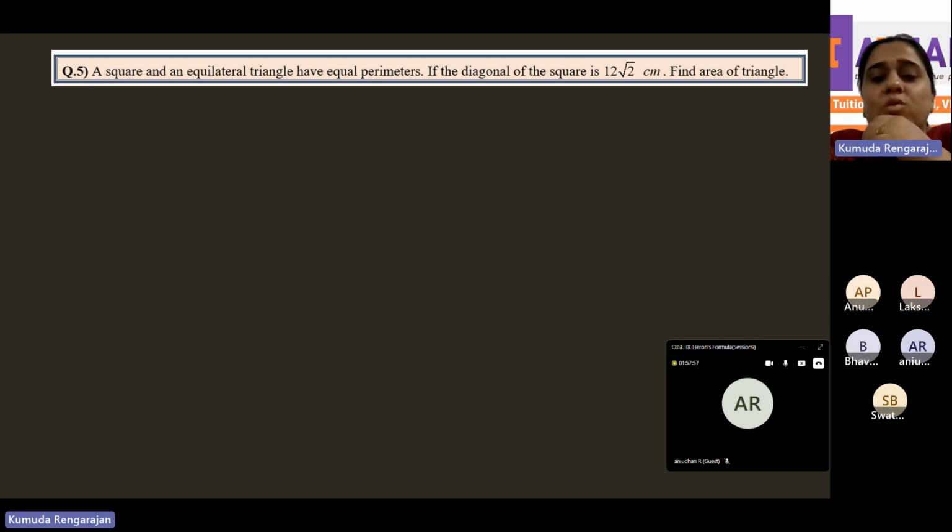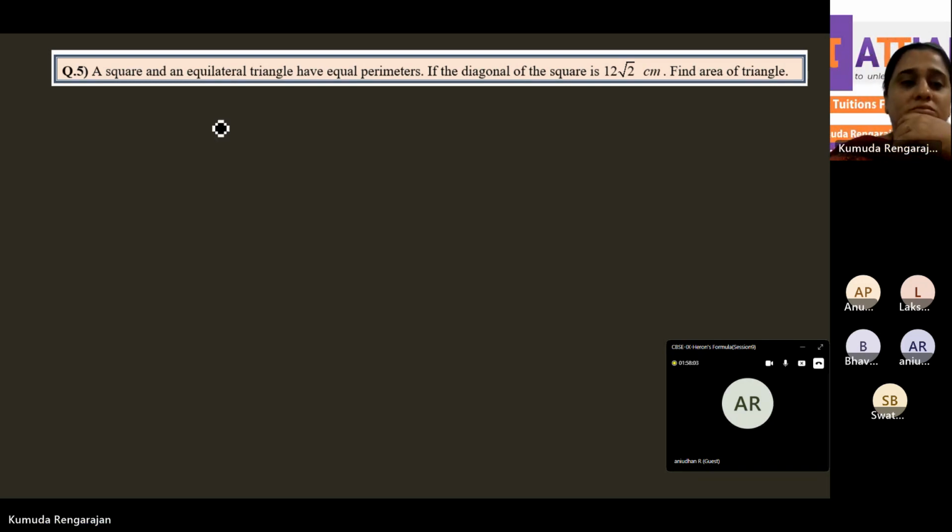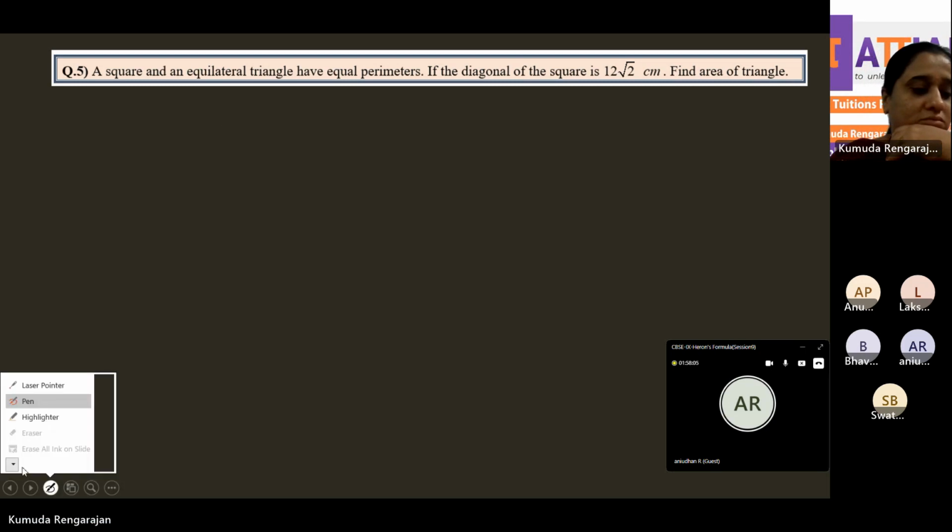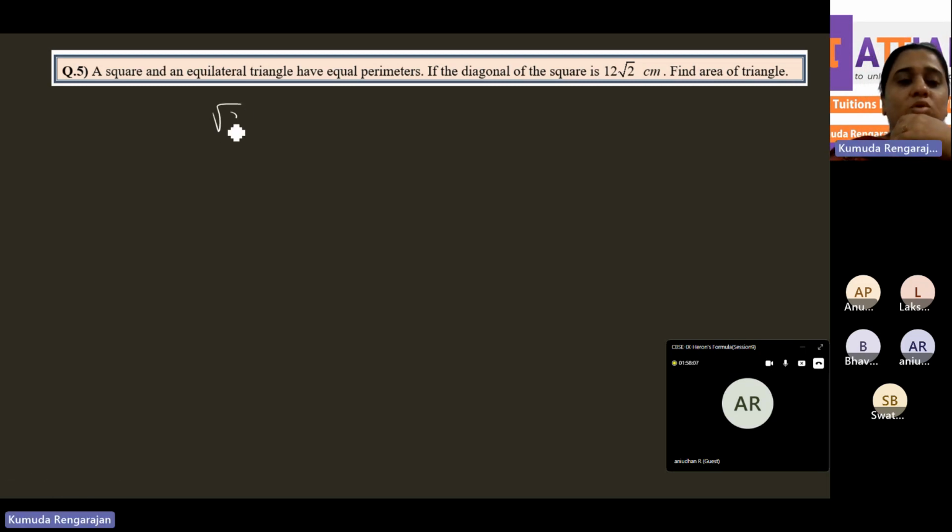Yeah, 12 root 2. What's the formula to find the length of the diagonal of a square? Root 2a, ma'am. So root 2a is equal to 12 root 2. So what is a? 12, ma'am. Okay, then using this, what can you find?